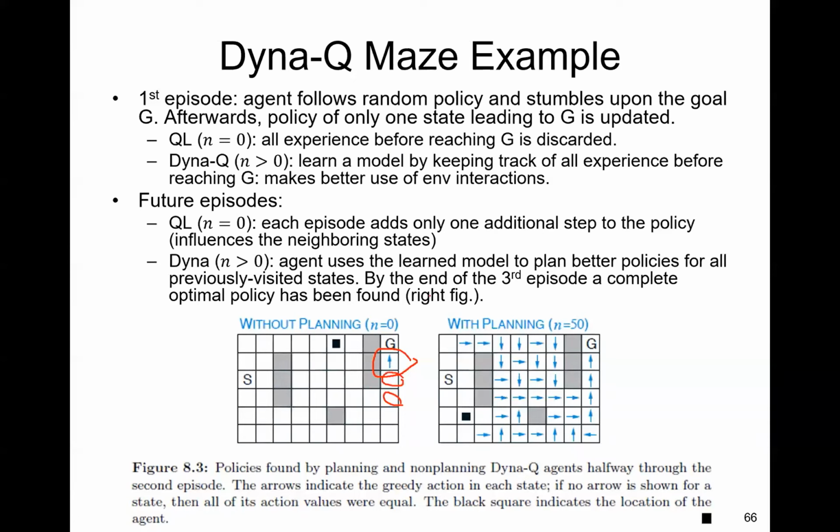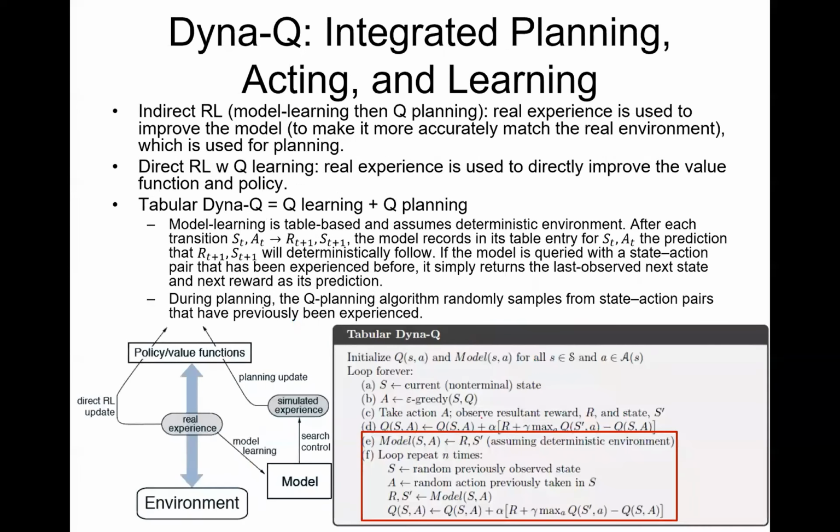But for Dyna, it uses the learned model to plan better policies for all previously visited states. So by the end of the third episode, a complete optimal policy has been found. So the n here is 50, the number of planning steps within the Q planning.